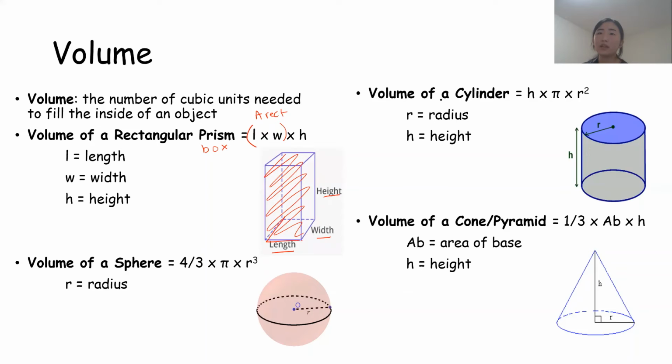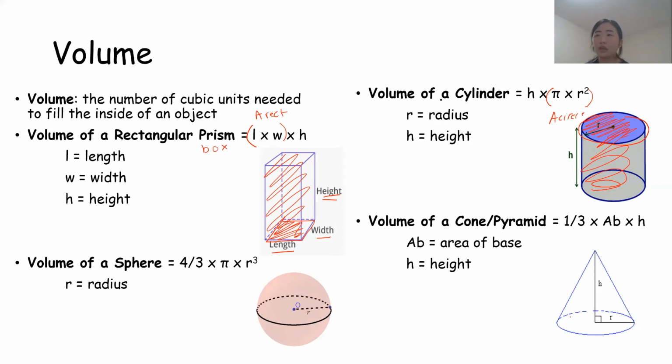So you're basically getting the area of this rectangle at the bottom here, called the base, and multiplying that by the height to get the volume. The same sort of logic applies to a cylinder, where you get the height multiplied by pi r squared, and pi r squared is equal to the area of a circle, which is the base of this shape. So basically, you're getting the area of this part and multiplying by the height to get the full volume of this object.